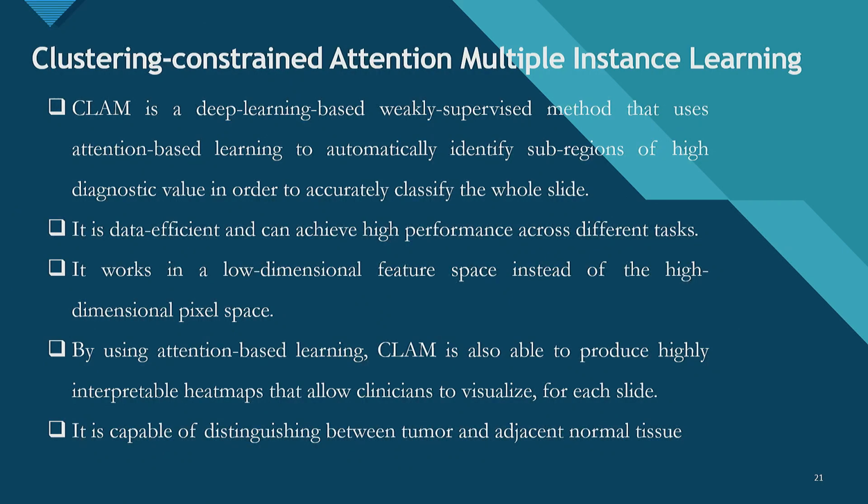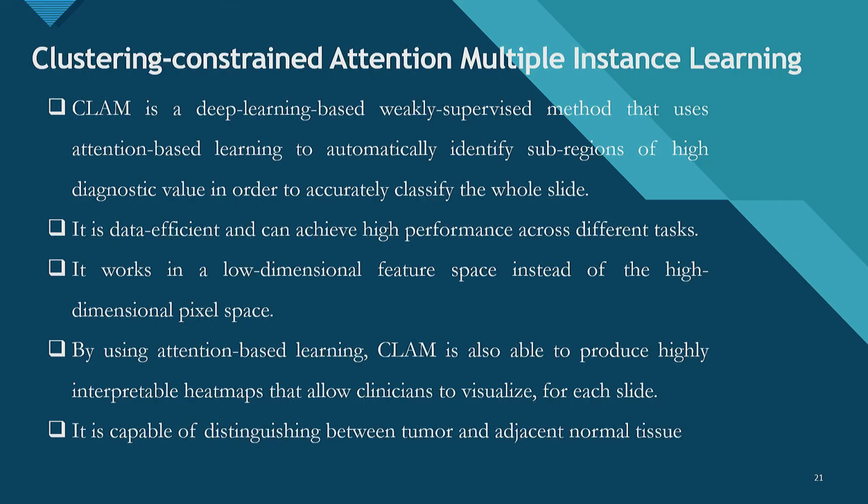Then we used this approach in our experiment for the prediction of metastasis and non-metastasis, and we observed that it is very fast and also has good performance, because previously those approaches functioned in the pixel space, but this approach works in a low dimensional feature space.